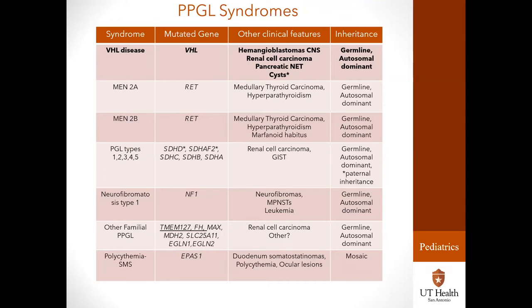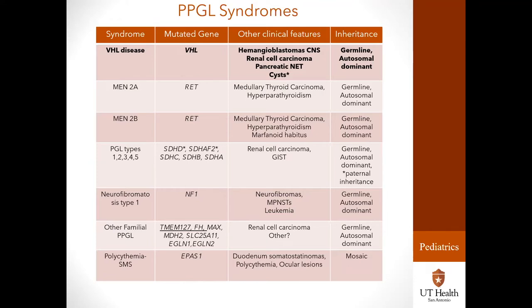In addition to VHL disease, which I will go into in more detail because it reflects our case today, there are other well-known PPGL syndromes: multiple endocrine neoplasia type 2A and type 2B, which are caused by RET mutations, and familial paraganglioma syndromes types 1 through 5, which are due to mutations in succinate dehydrogenase subunits A, B, C, D, and the associated factor AF2.